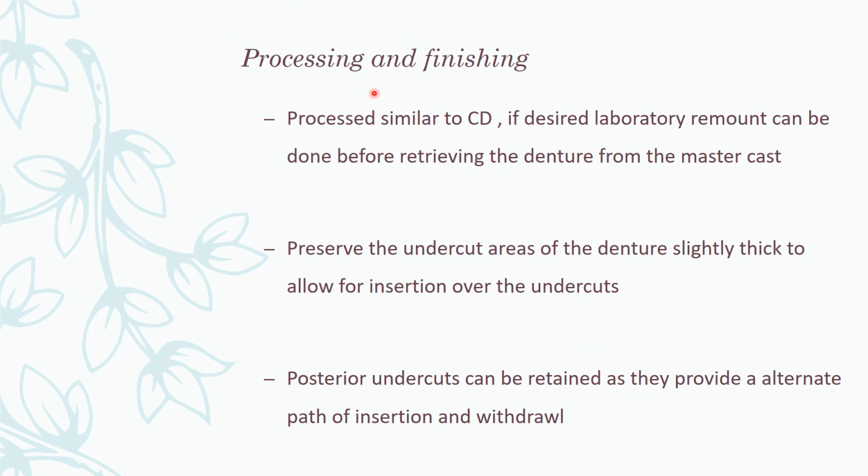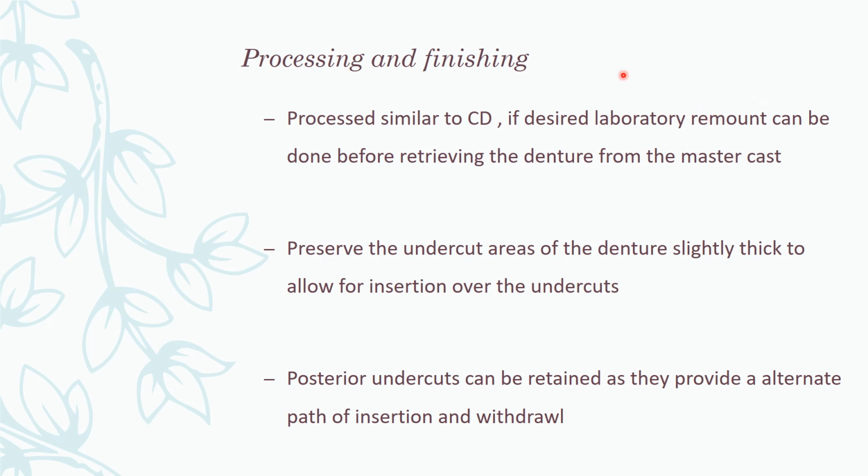Now, processing and finishing of the conventional immediate dentures, the CIDs. They are processed similar to the complete denture. If desired, a lab remount can be done, and it should be done.